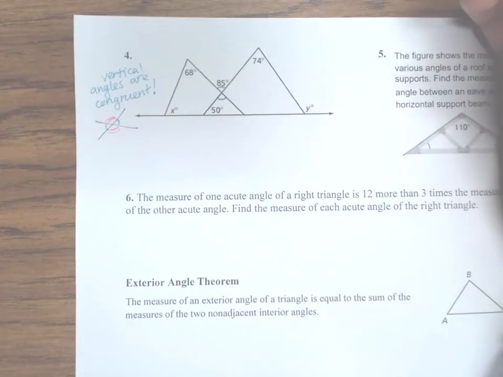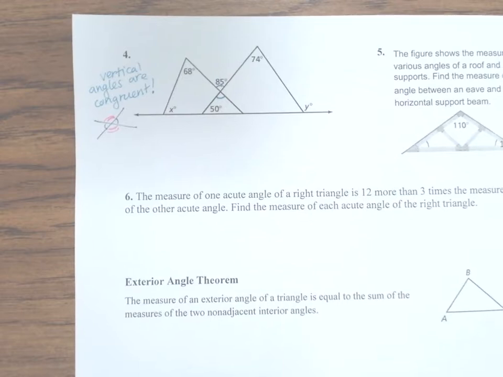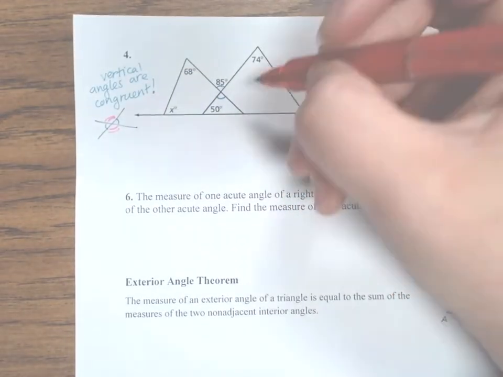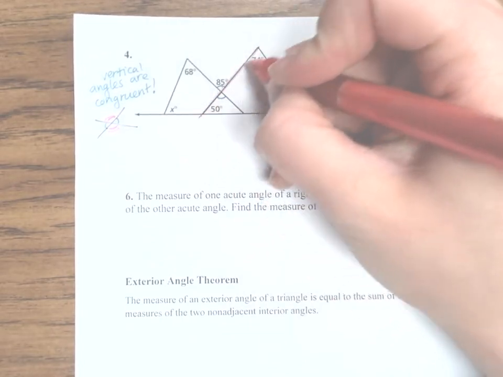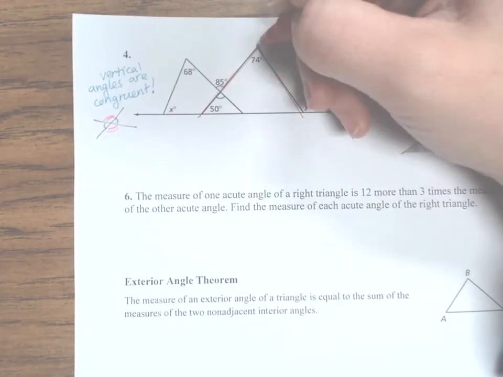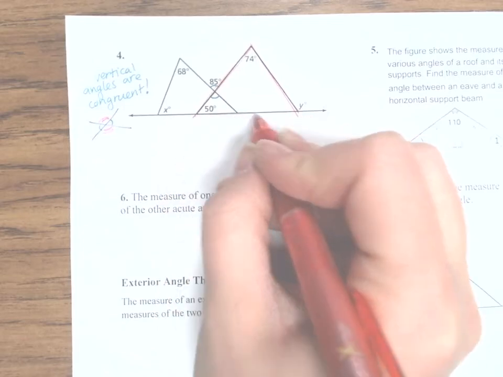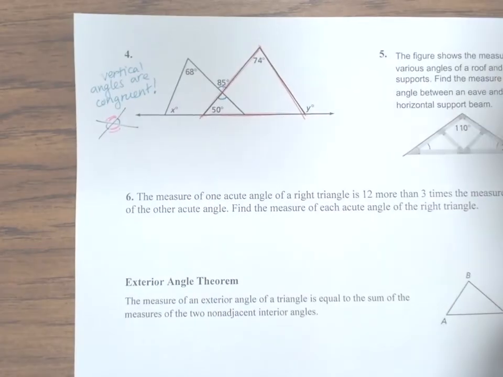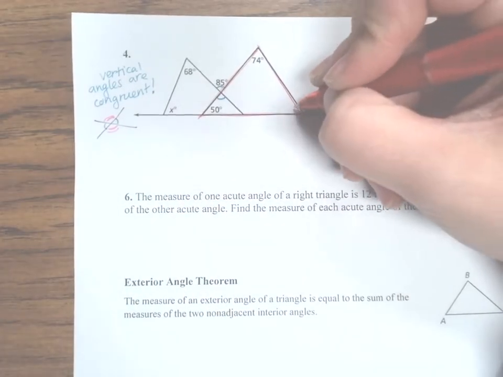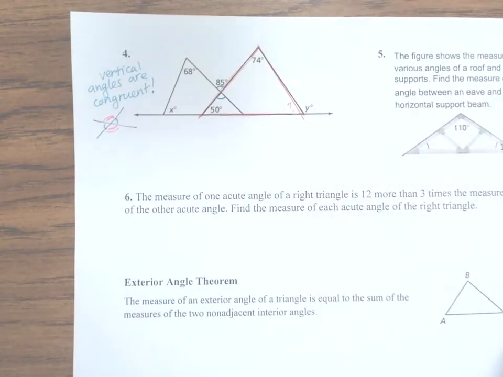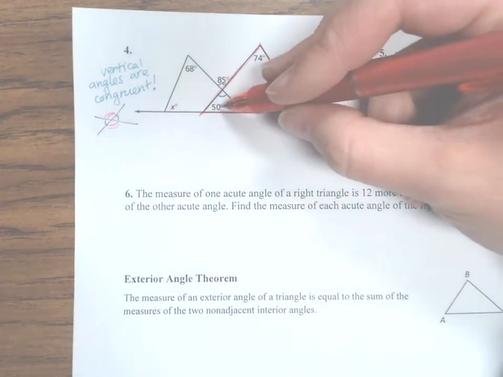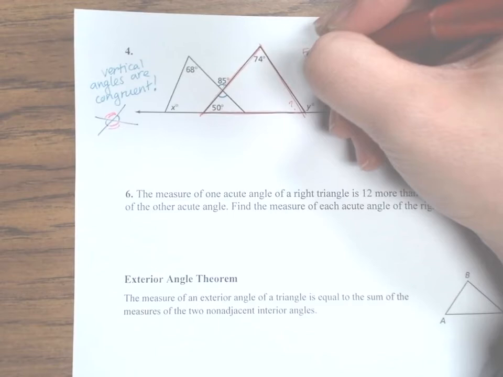So one of the triangles you could look at first is this one right here, and this will help us find angle Y here, which is one of the exterior angles. So in this triangle, I need to find this angle here, basically. Then I can find Y. So I've got a 50 degrees and a 74 degrees.